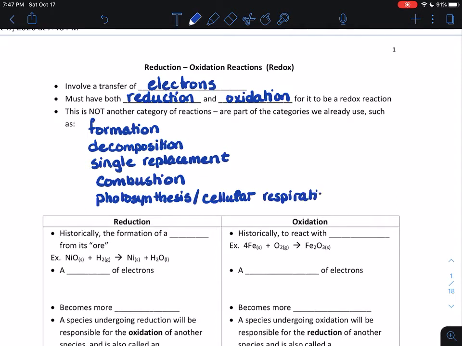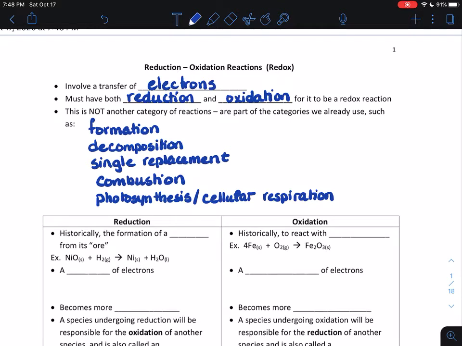Now, have you seen that there's one group of reactions that's missing? And that's double replacement. So double replacement reactions are reactions. They're just not a redox reaction where the transfer of electrons is involved.